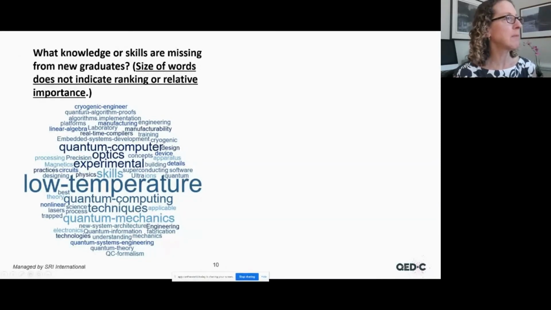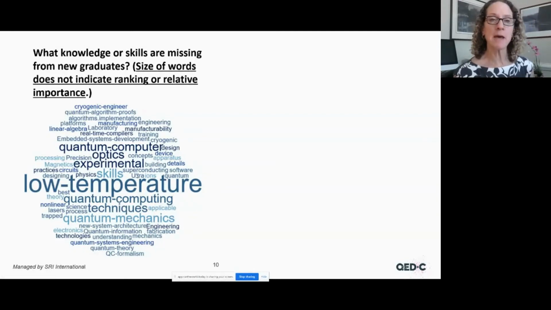And of course, quantum appears in many forms and shapes, but you also get embedded systems development and compilers and other areas in addition to quantum and some of the expected, I guess, skills. So again, the message is that there's a real diversity of needs here.